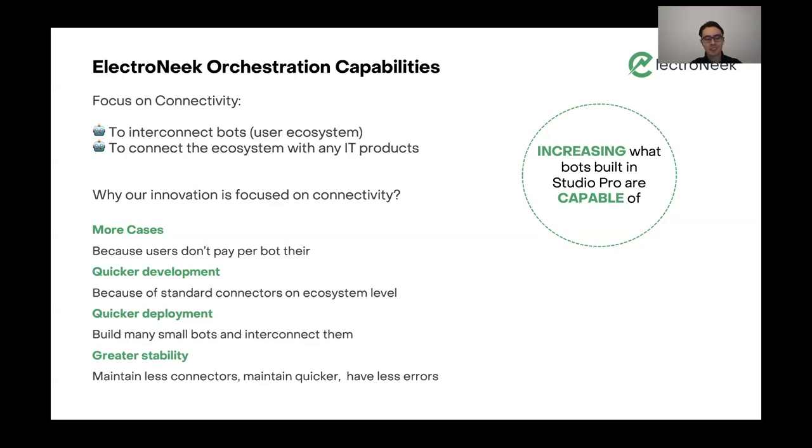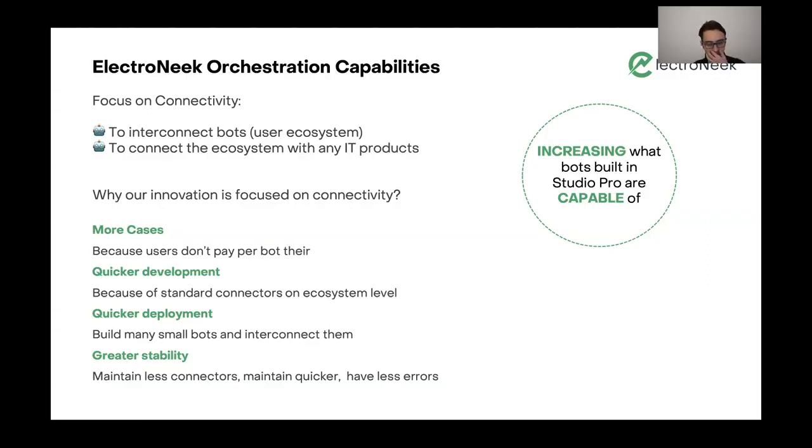Fewer connectors are easier to maintain, so it's quicker deployment and better maintenance. Greater maintenance comes to greater stability because you need to maintain fewer connectors. You typically will have fewer errors as well. So we decided to take all the connectivity from the bot level and bring it to Orchestrator, and that's our vision. That's pretty much what we already have using webhooks and REST API.